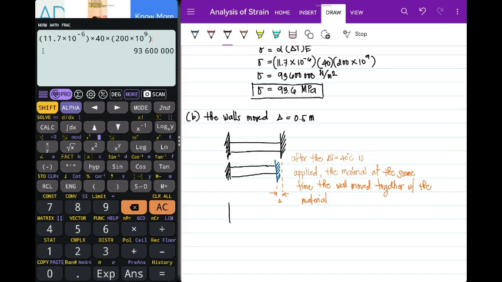So not just that, as the wall moved, the material also still deforms due to the application of change in temperature.